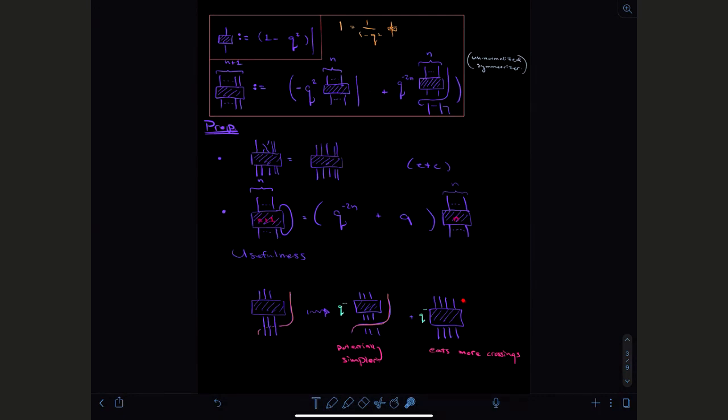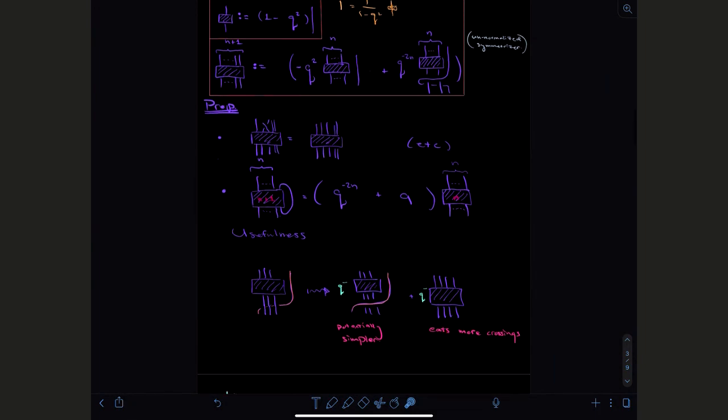So, switching all these crossings has the potential of simplifying the diagram if you switch crossings in an auspicious way. And having a larger symmetrizer also has the potential for simplifying the diagram, because a larger symmetrizer will eat more crossings. So we'll see how this gets used for torus links in the second video.